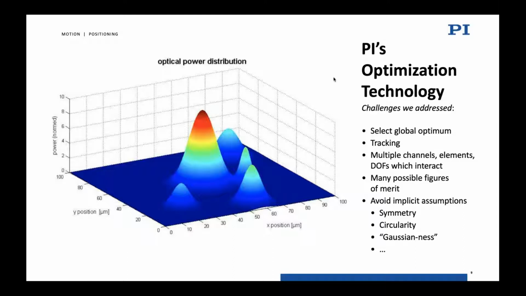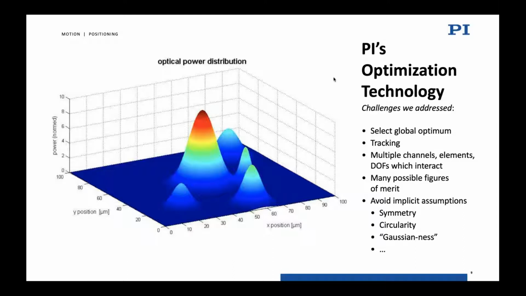Now, this figure of merit for most photonic applications is optical power. You take your optical fiber and your laser diode, you want to bring them into a mutual orientation that optimizes the amount of power that goes from one device to the other. But it could be other things as well.